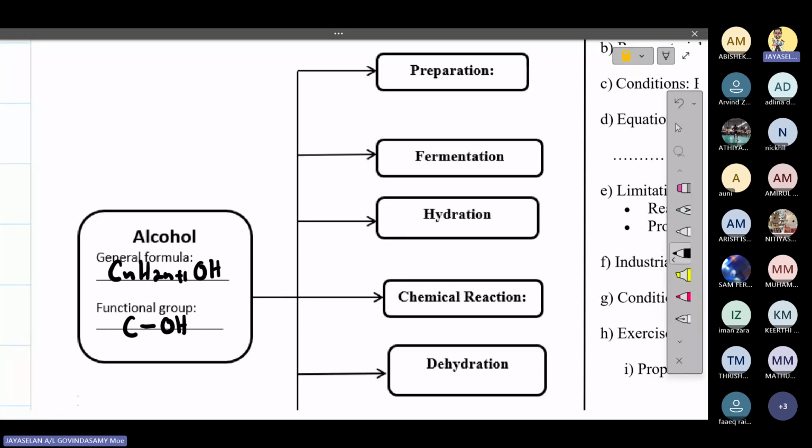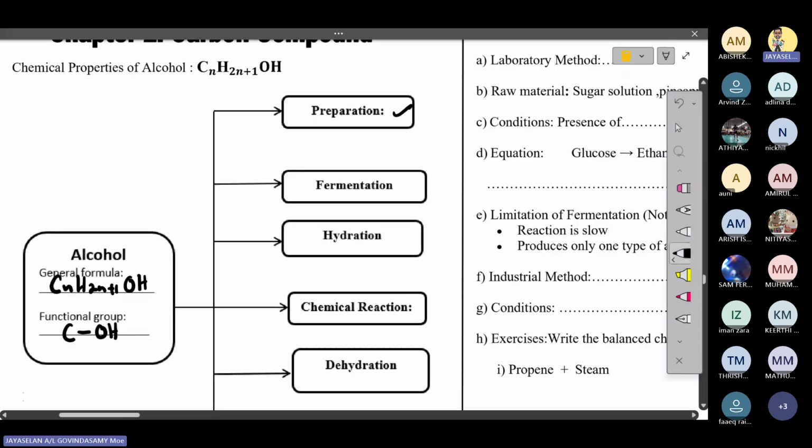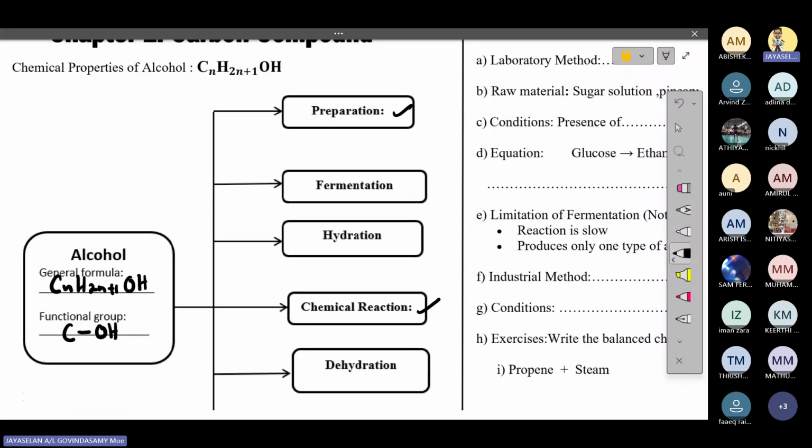Any question? No question. Okay, alcohol, I want y'all to remember 2 things. Number 1, preparation. Number 2, chemical reaction. Preparation has 2 methods. This one is the laboratory method. In the laboratory method, you want to prepare alcohol. What is the name of the reaction? Fermentation. This method is called the industrial method.